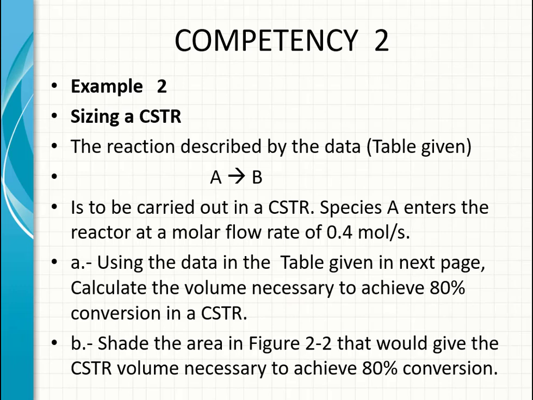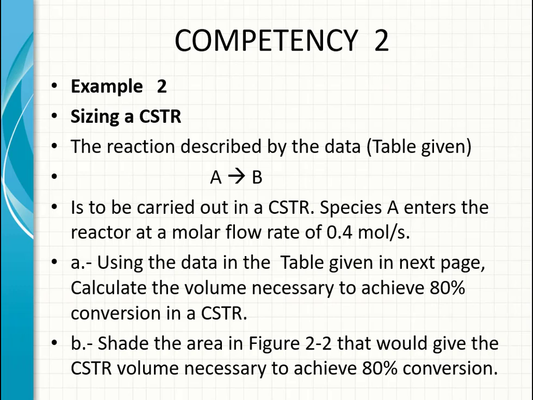Example 2. Sizing a CSTR. The reaction described by the data in a table given in the next pages is for a reaction where A goes to B, and this one is going to be carried out in a CSTR. Species A enters the reactor at a molar flow rate of 0.4 moles per second.